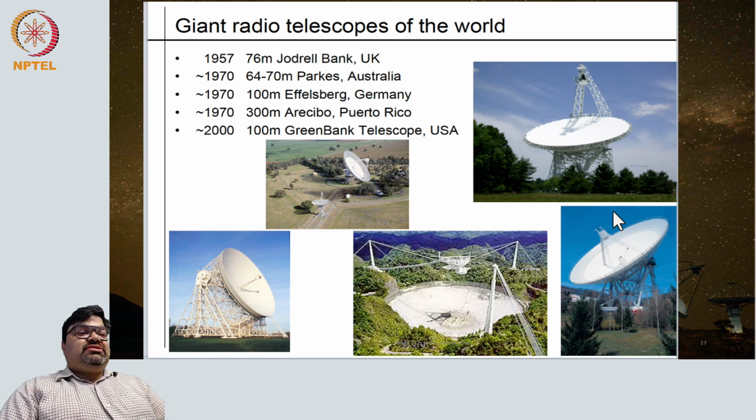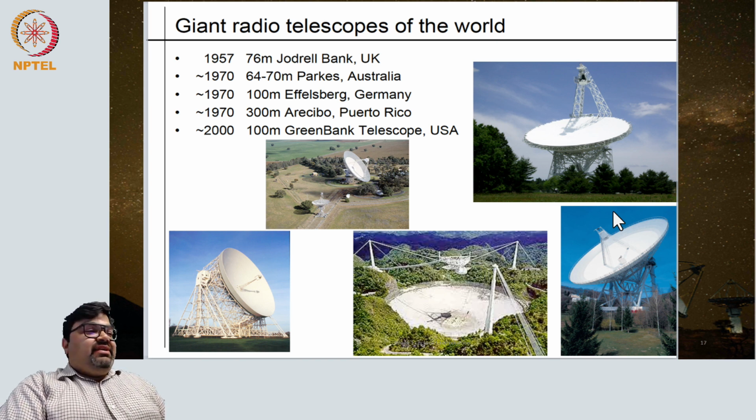So as we know, as radio wavelength is larger, all radio telescopes will also be larger in size. If I can have a camera in optical wavelength which can fit in my hand, that may not be the case for a radio telescope.